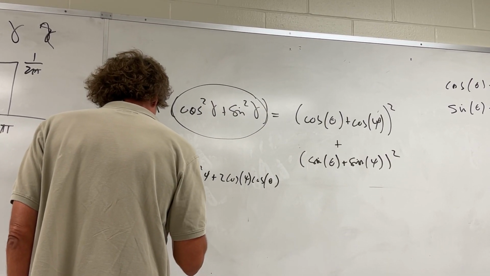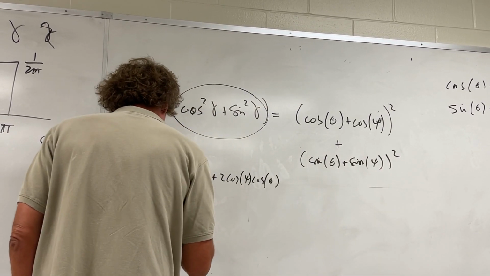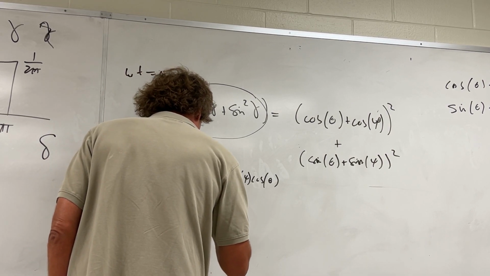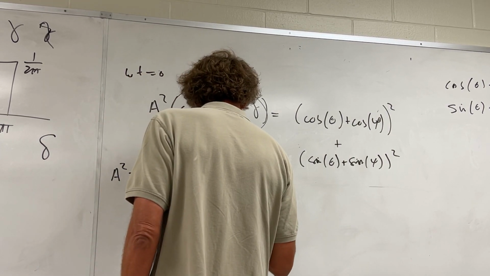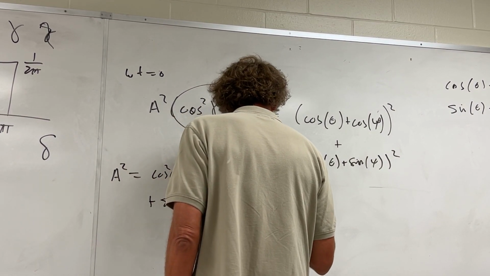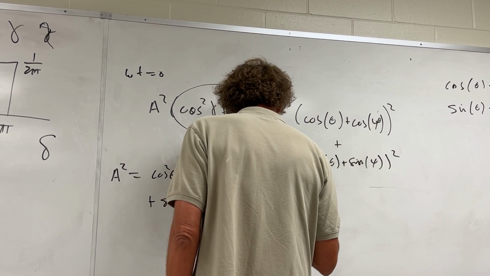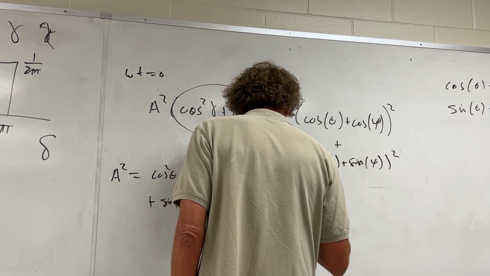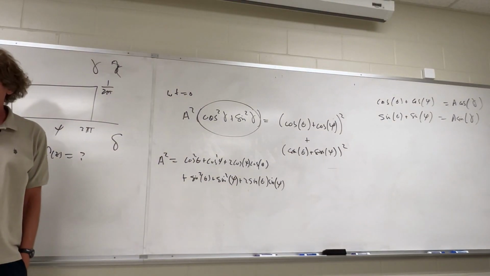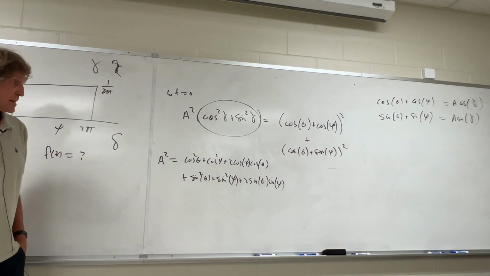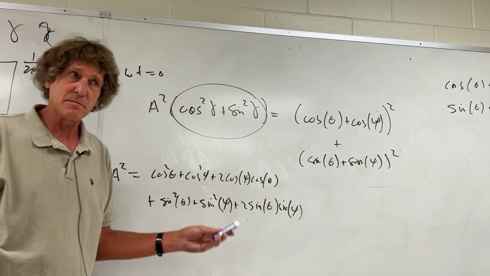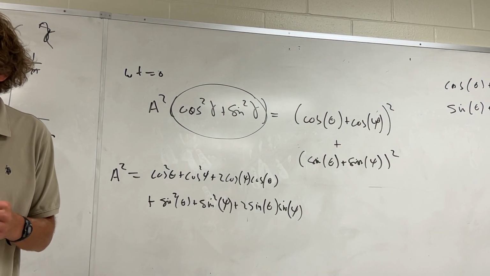Then I get plus, and same deal here, sine squared of theta plus sine squared of psi plus 2 times sine of theta sine of psi. I'm just stating the obvious. Agreed, everyone? I'm just doing the squaring operation and carrying it out.